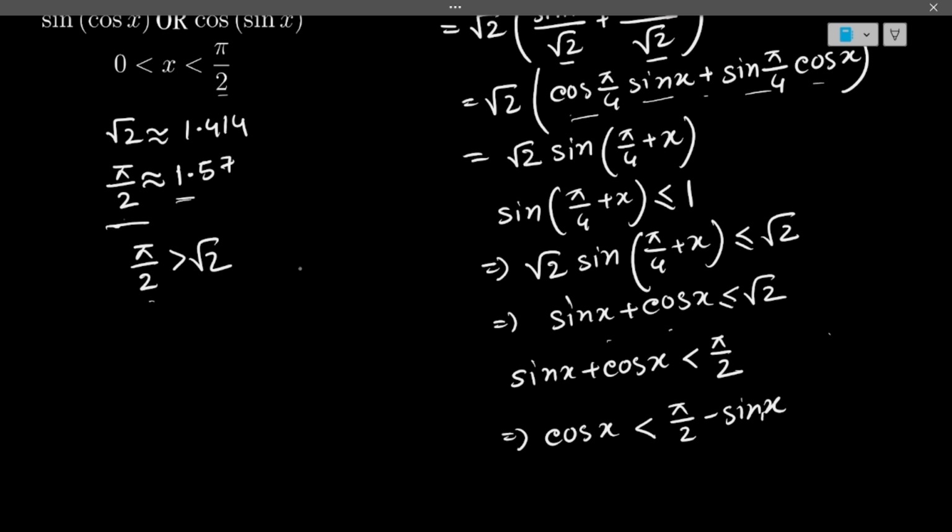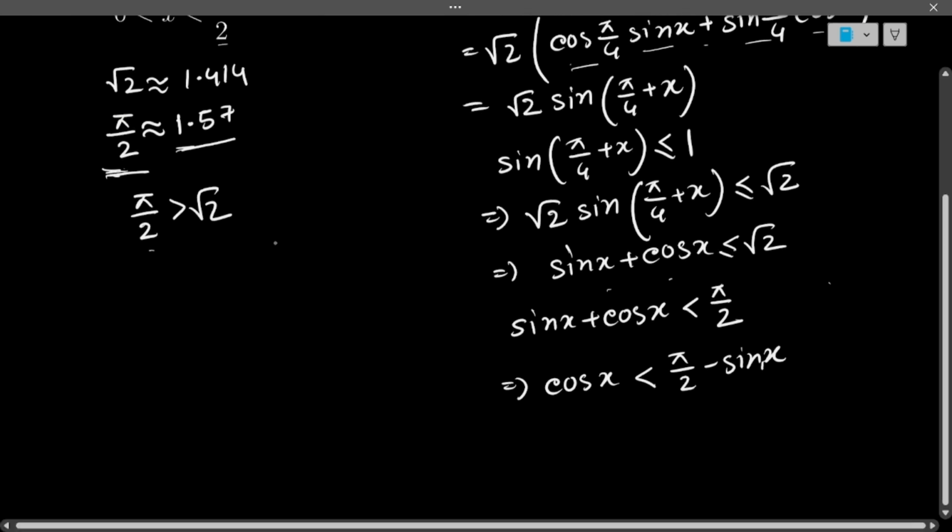And the maximum value of cos x is 1, and we found that pi by 2 is almost 1.57. So cos x is always less than pi by 2. So the cos x value lies between 0 and pi by 2.